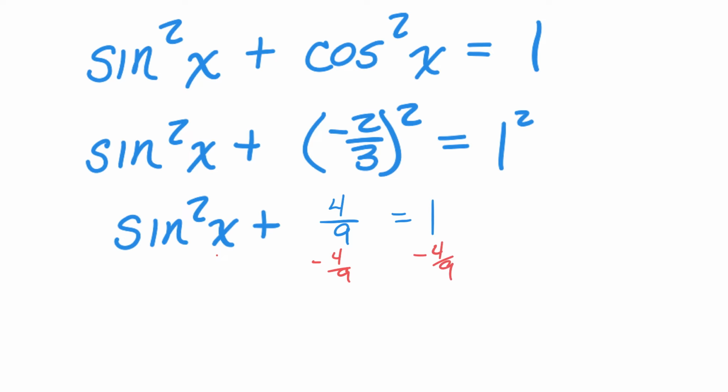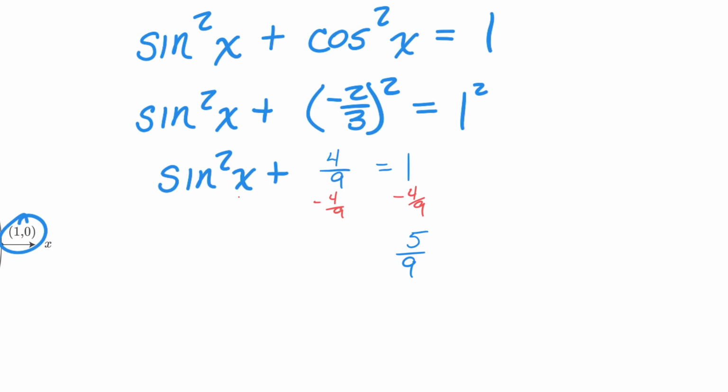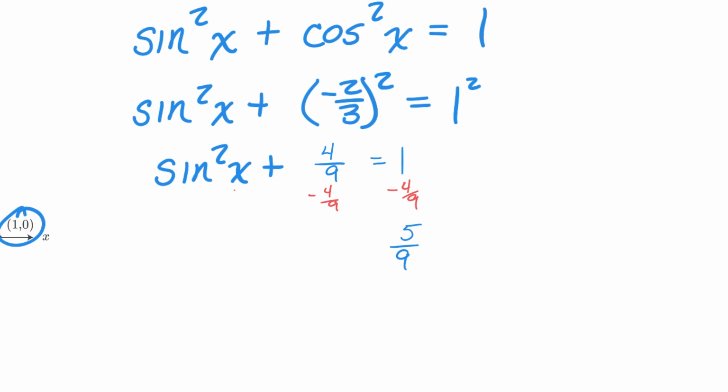Now 1 is 9/9, so if I subtract 4/9 from 9/9, what I end up with is 5/9. So sine squared of x equals 5/9.